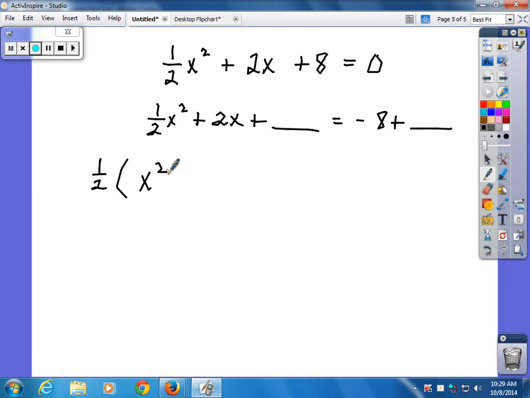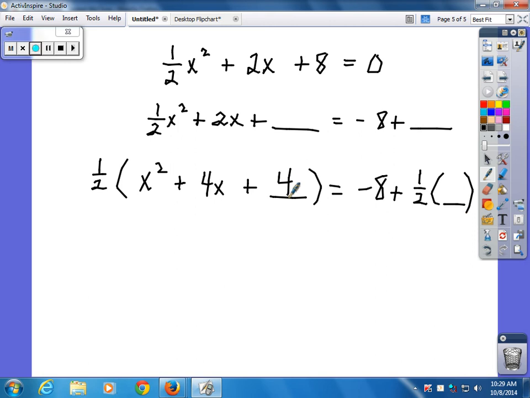X squared plus, what's 2 divided by 1/2? 4x plus blank is equal to -8 plus 1/2 times blank. Okay, what's half of 4? 2 squared. I tried to make it easy for y'all.